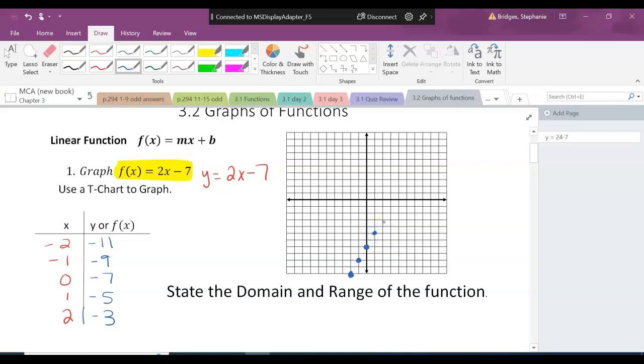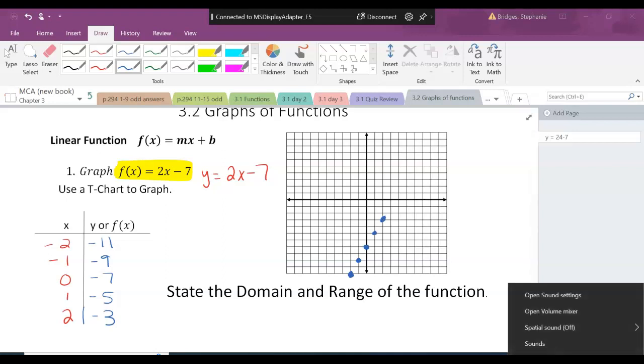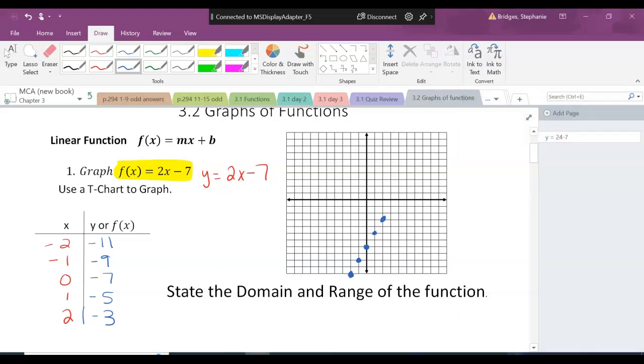And then the point 2, -3. And then once you put all your points there, then we want to connect the dots, obviously. And you can tell that this is going to be a line. I'll try to make it as straight as I can. And then we put arrows on either end to let us know that that function is going to continue forever in both directions. Okay, so a linear function, even though my line's not completely straight, that's the best I can do.